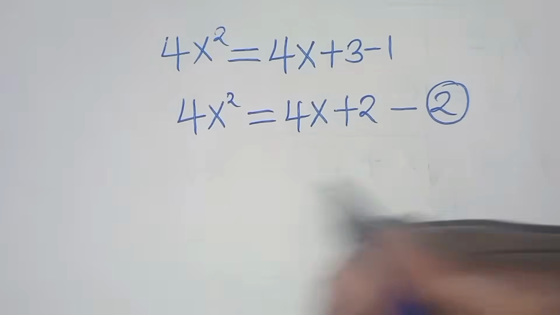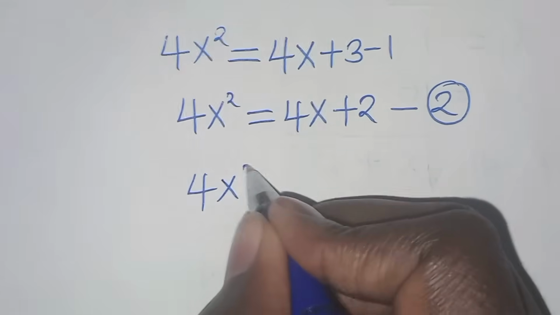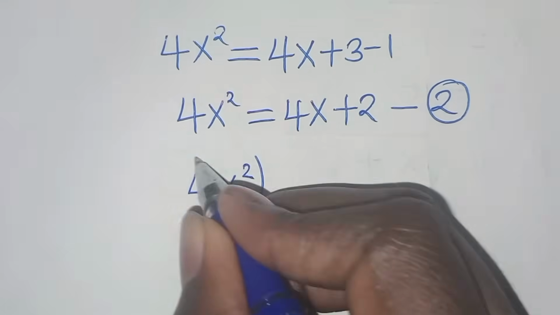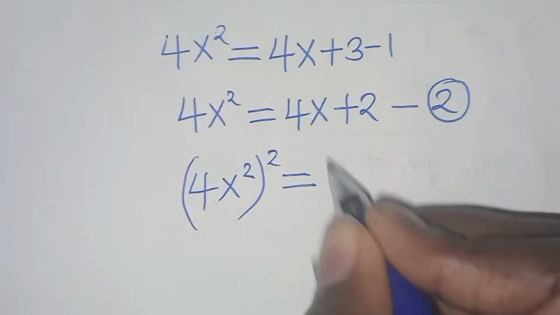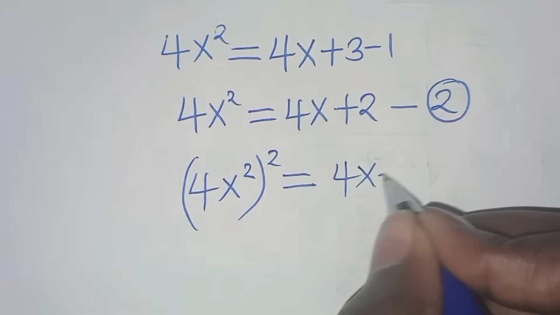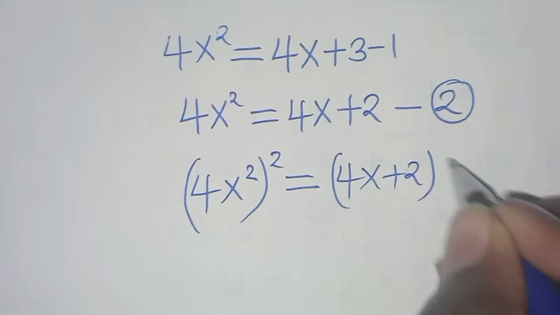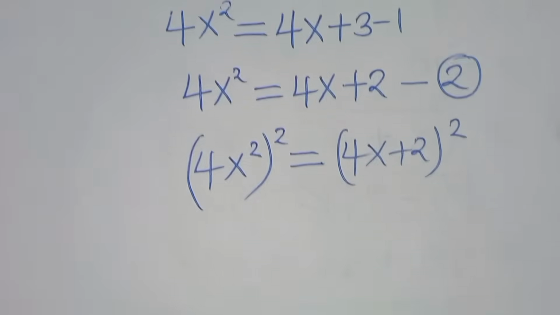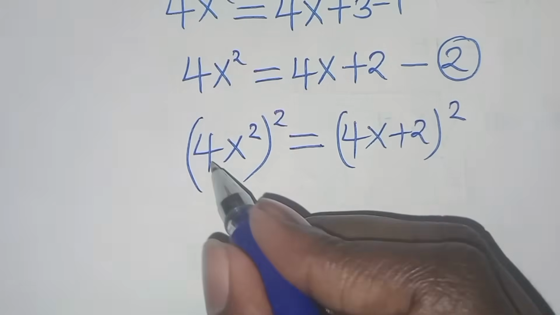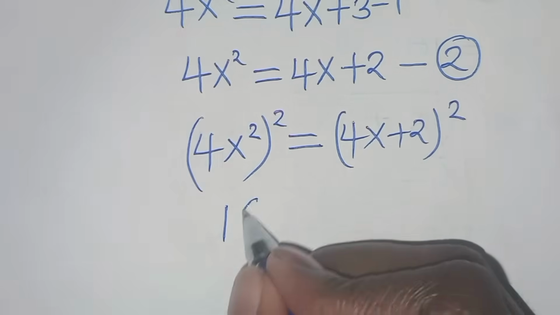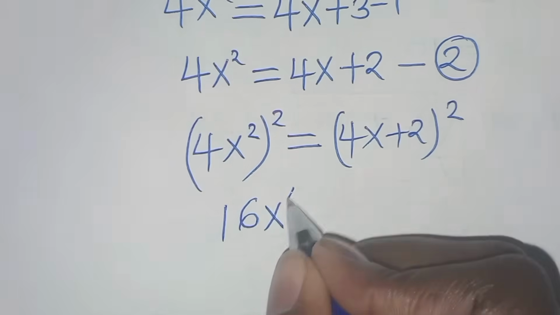The next step from here, we have 4x². Let's square on both sides, so this will be equal to (4x + 2), everything here raised to power 2. So this implies that here, this is 4 squared, which is 16, x to the power of 4.